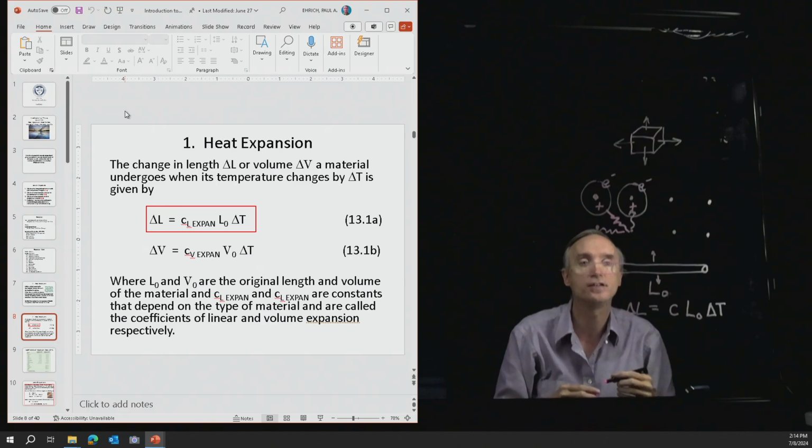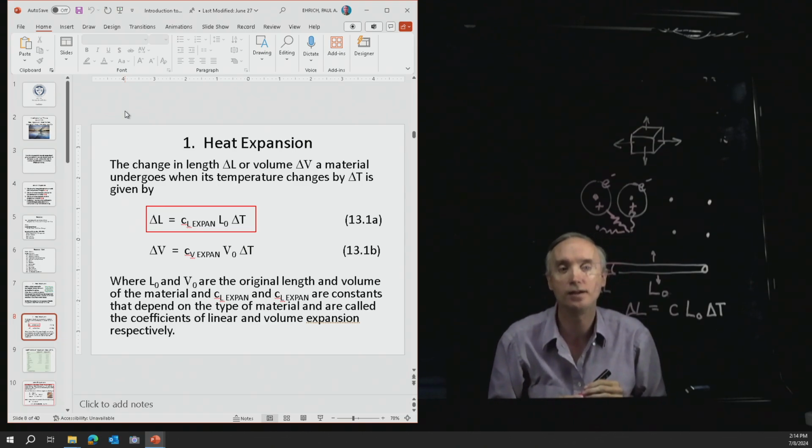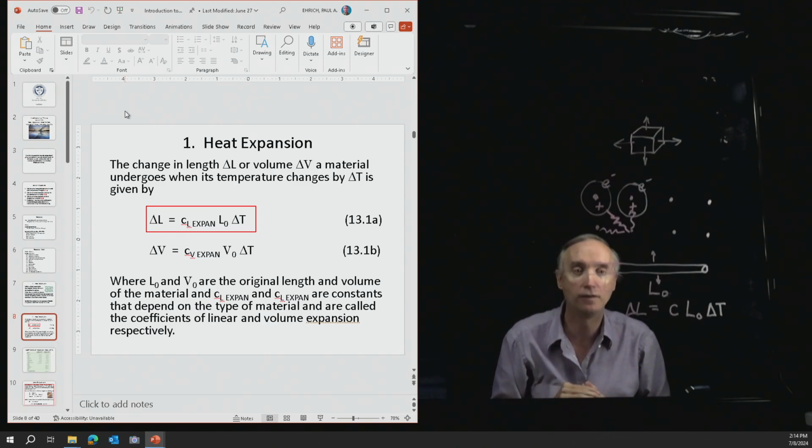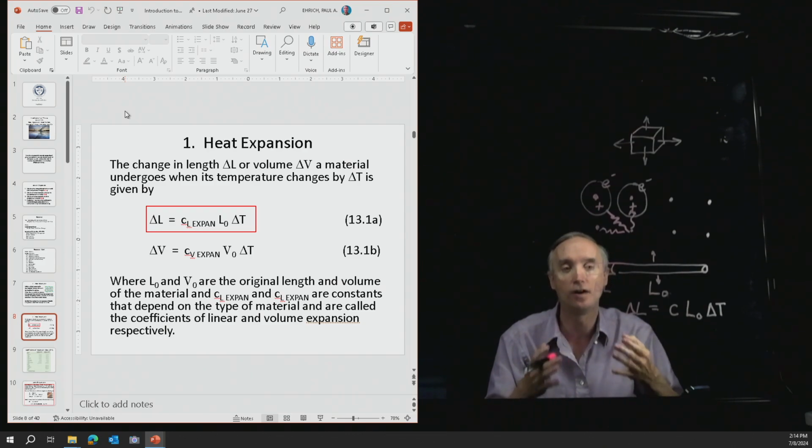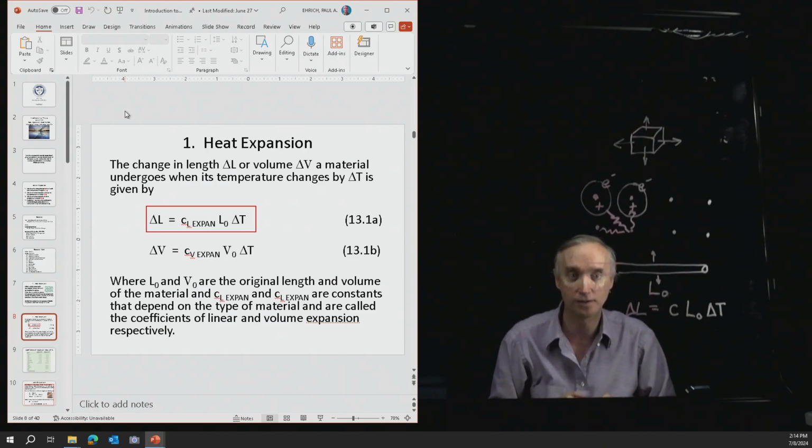So in this case, we're going to be talking about what is the change in volume of the object as we increase its temperature. Now this would have a different coefficient, this time it's the coefficient of volume expansion, and it's going to be different than the coefficient of linear expansion.